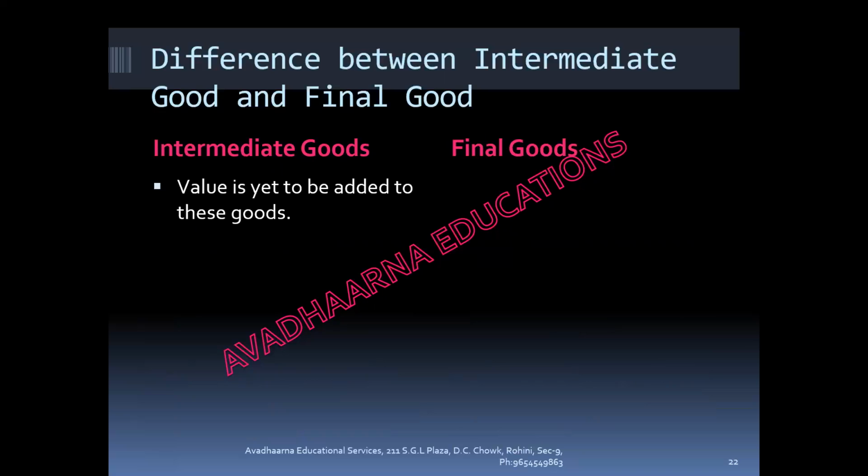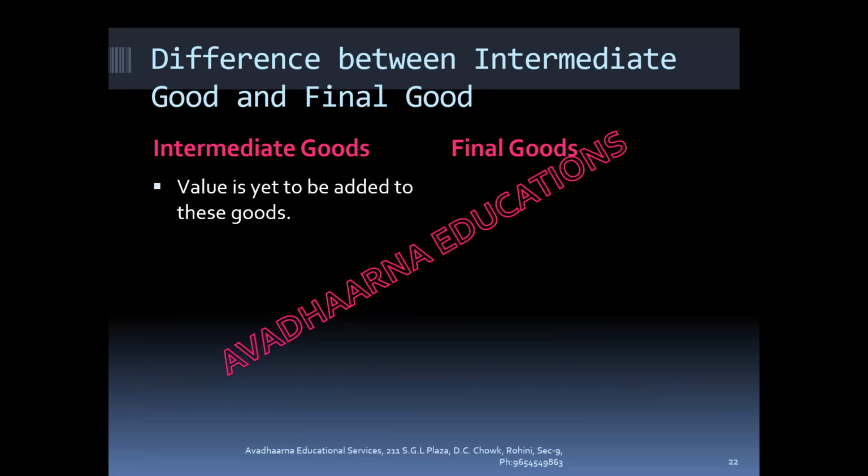Value added means that for intermediate goods, we either have to change their form. Let's say suppose sugar is there, so we are going to add some more ingredients. Fine. Like we are going to add maida and then bake that maida with sugar and convert it into biscuit, converted into final good, and then they are to be sold in the market.